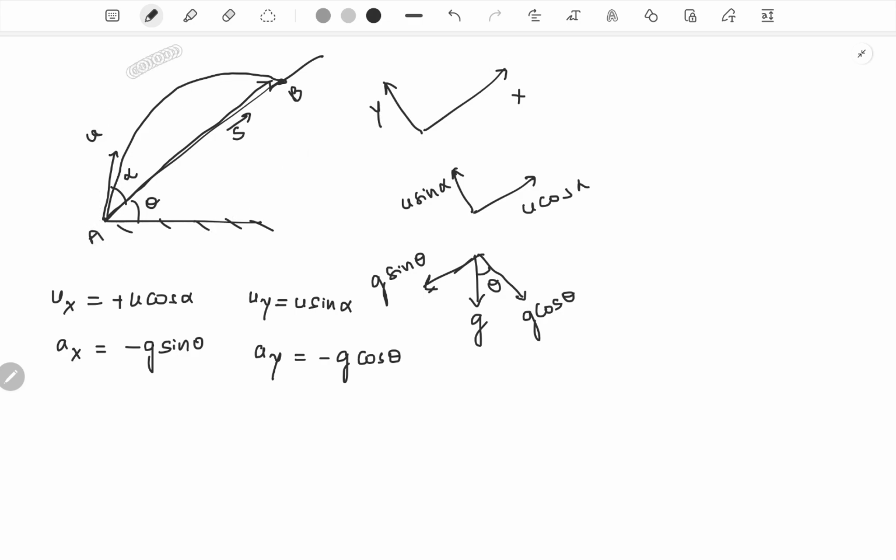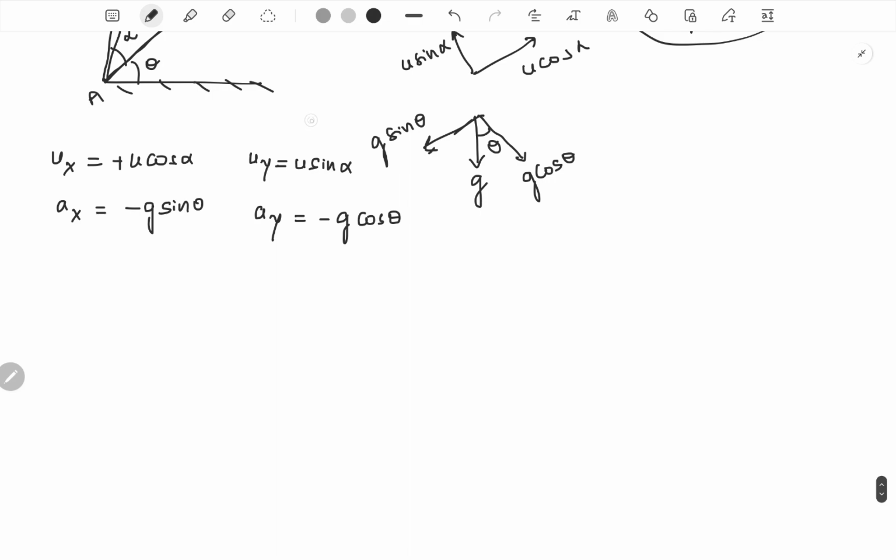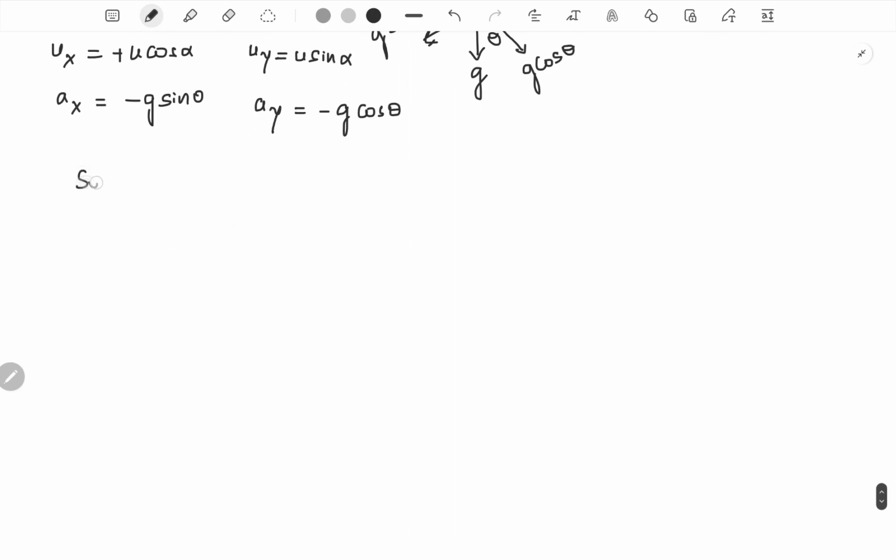So if after a time capital T it reaches B, in that time the total y component of displacement would be 0, because the displacement is parallel to the x-axis, so it doesn't have any y component. I will use this fact to find the time taken to go from A to B. So Sy is equal to 0.